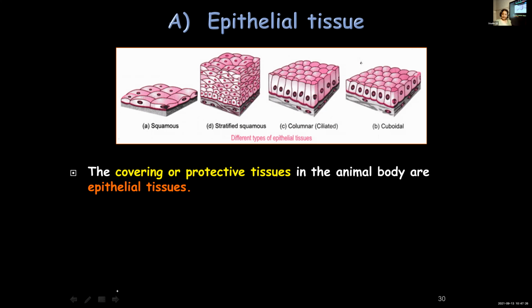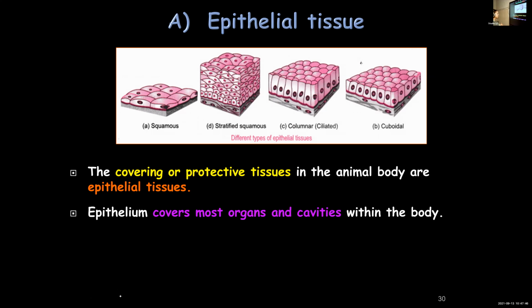Similarly, in animals, the protective tissue is known as epithelial tissue. It covers and protects the animal body. The tissues covering and protecting the animal body are known as epithelial tissues.